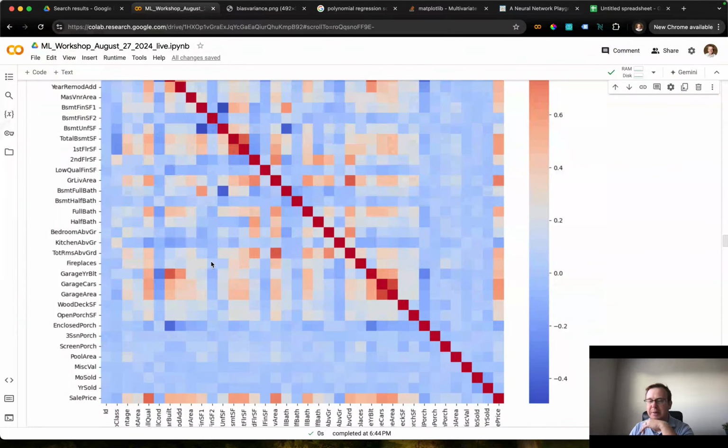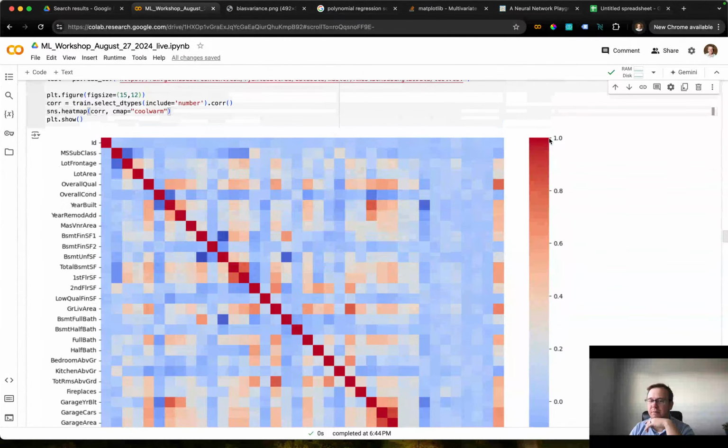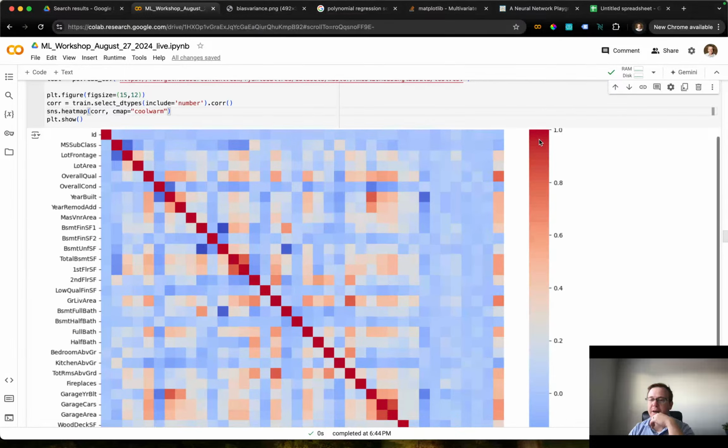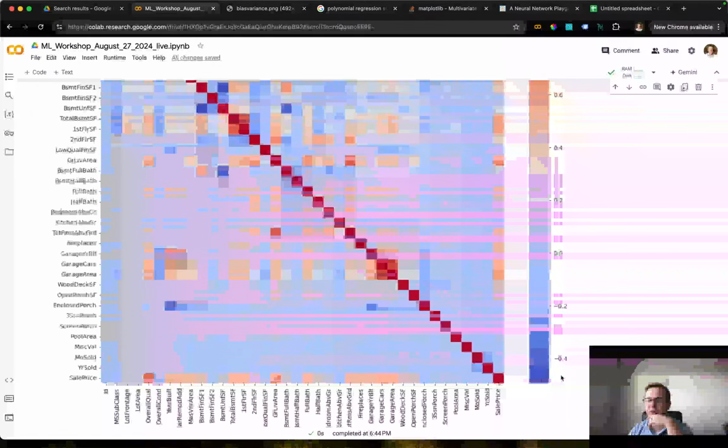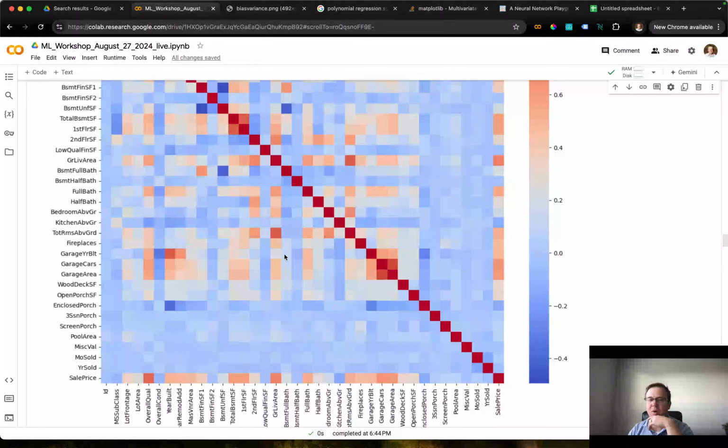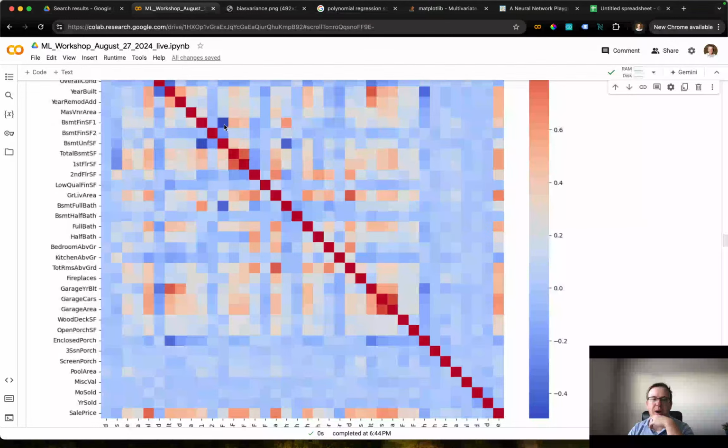This correlation heat map is actually lying to us a little bit. It goes up to 1 because the main diagonal has correlations of 1. Any variable compared to itself has a correlation of 1. But in blue, it only goes down to 0.4. So this really dark box, you think, oh, that must be close to a -1 negative correlation. It's actually not.